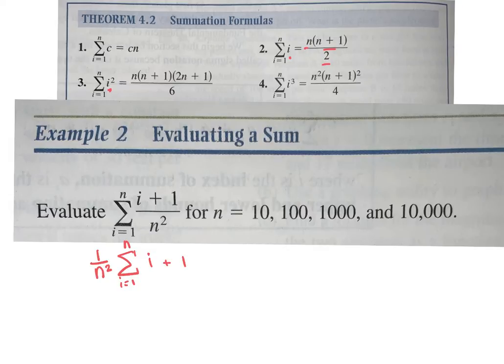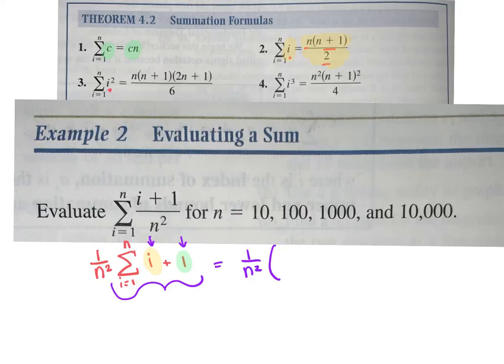We have the summation of i, well, that's right there. So we're going to replace that summation with this guy. And then we have the summation of a constant, well, that's here, and we're going to replace them with that guy. So we literally just plug those in. So I would say then that's going to equal 1 over n squared. And then I'm going to replace this whole summation with the summation of each one.